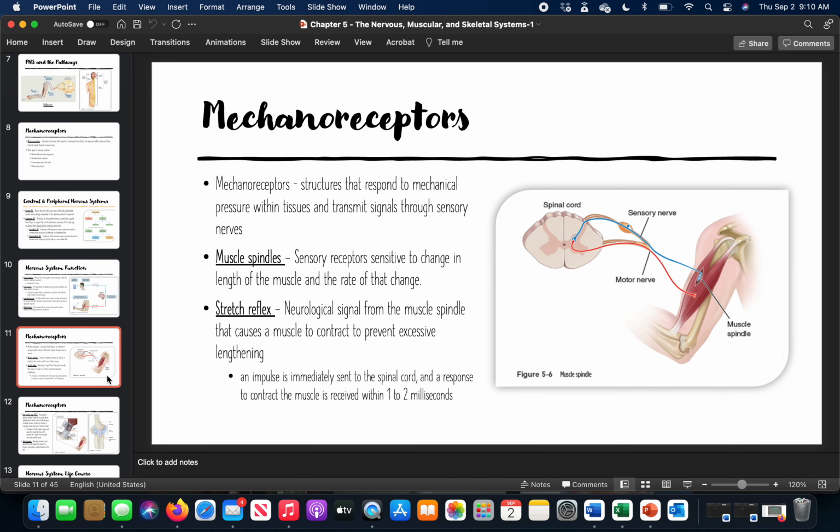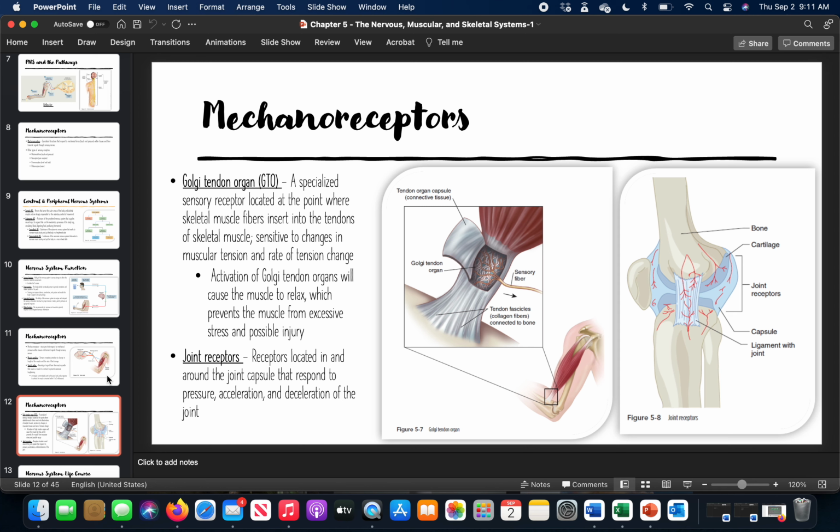So again, we talked about the muscle spindle. Let's talk about the Golgi tendon organ, or the GTO. Now again, like the muscle spindle, very, very simplistic here. We are going to say that the Golgi tendon organ is found in the tendon, okay? It's very sensitive to tension and that rate of tension. So when we talk about tension, we're talking about pressure being put down on a tendon, or a pull on that tendon, and it'll feel that.